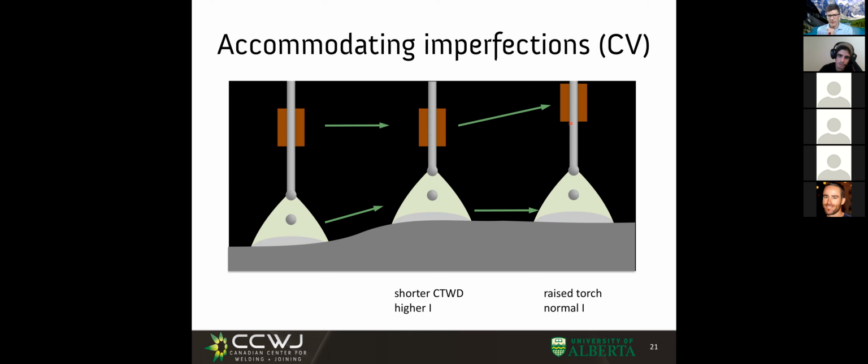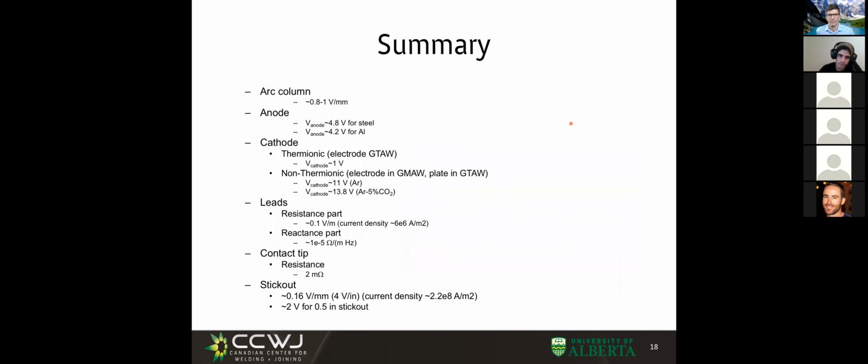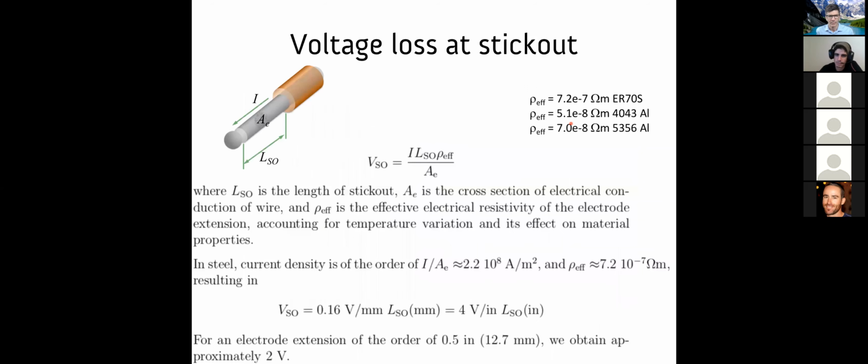All right, so let me ask you one more question. We said that in steel, the electrode stickout voltage is more or less 2 volts, because we went through this equation and I generalized it with some common values. Look at this. Here is aluminum, right? My question to you is, what do you think the stickout voltage would be in aluminum?